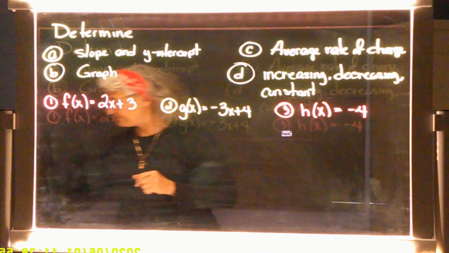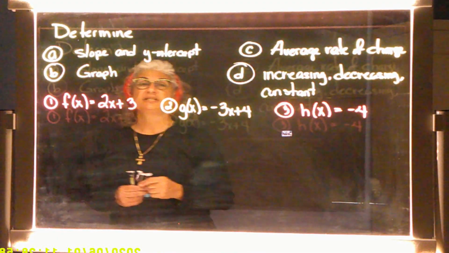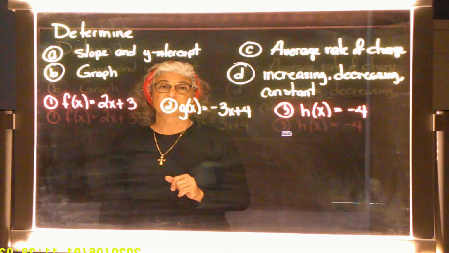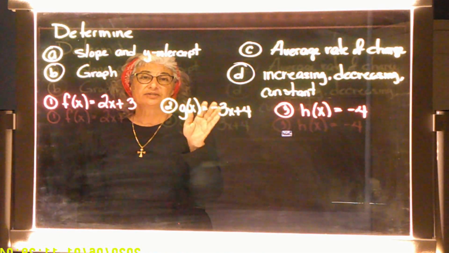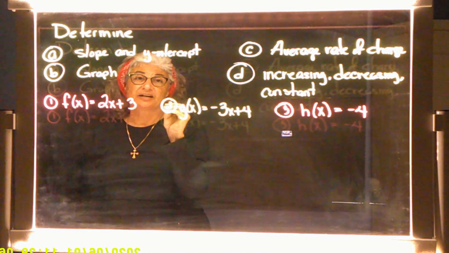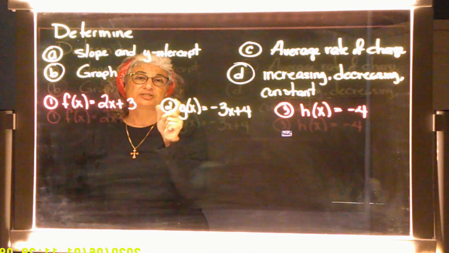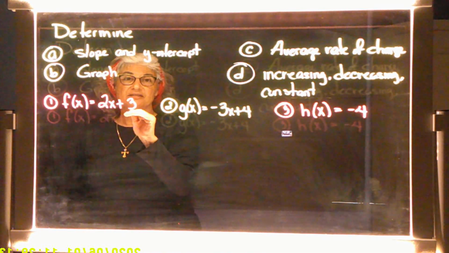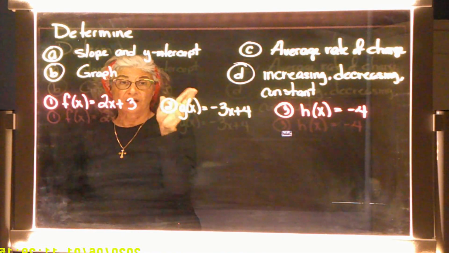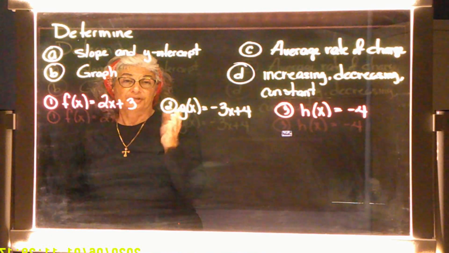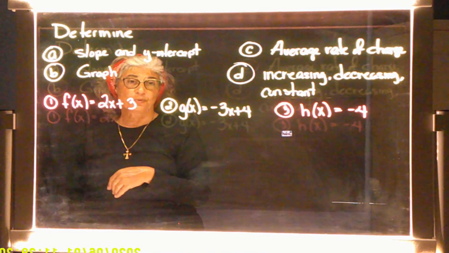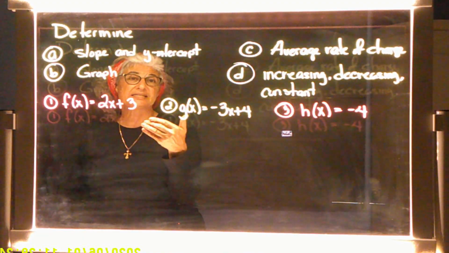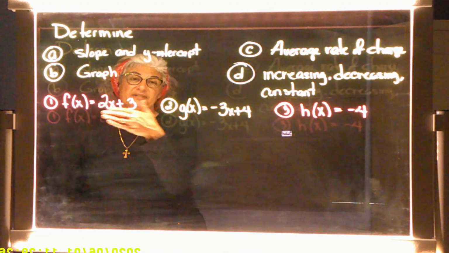Are you with me? Okay, so let's look at number 1. Part A says determine the slope and the y-intercept. Well, to determine the slope and the y-intercept, the y variable needs to be by itself. So take a look at this function. Is the y variable by itself? Yeah, it is, because remember, f of x is y, correct? When it's a function, the f of x is the y. It replaced it to let us know that this is actually a function.